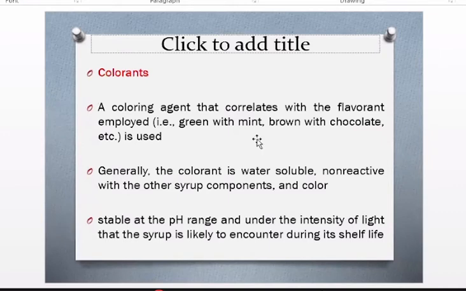But we see that mostly the coloring material that you choose usually goes hand in hand with the flavor that you intend to pick. So green goes with mint, brown will go with chocolate, etc.